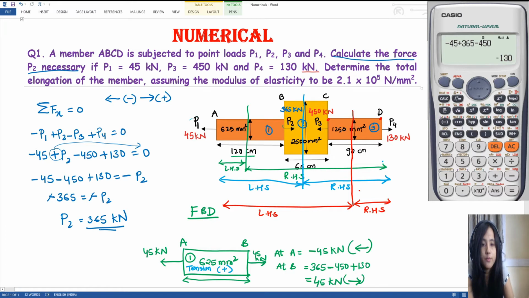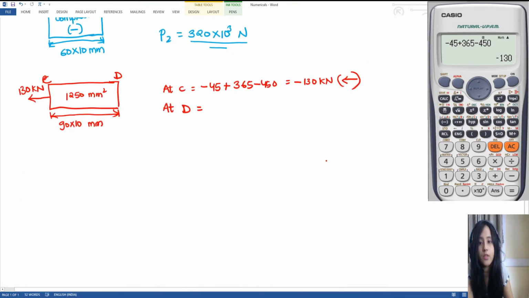From this point, from here to here, I have only one force, that is P4 here. So P4 is going to the right hand side direction, so it is plus 130 kilonewton. So I have here 130 kilonewton.